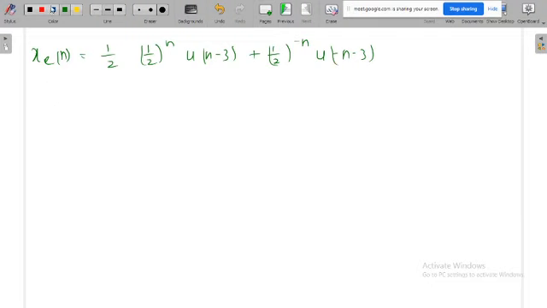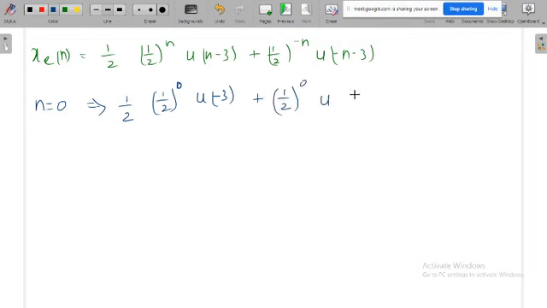Now if you put n is equal to 0, (1/2)^0 u[-3] plus (1/2)^0 u[-3], which is equal to what? Can anybody tell me the final answer for this one?